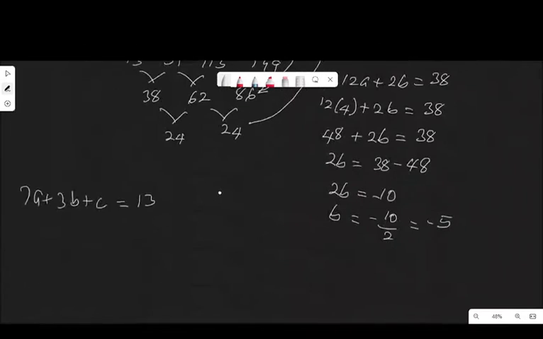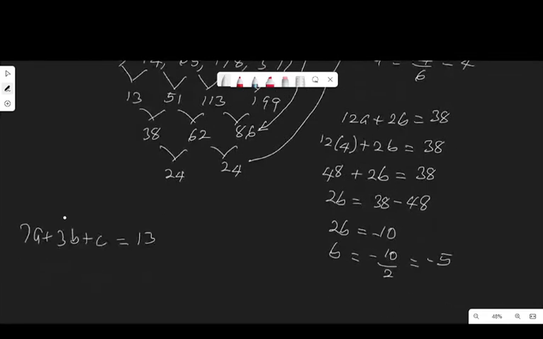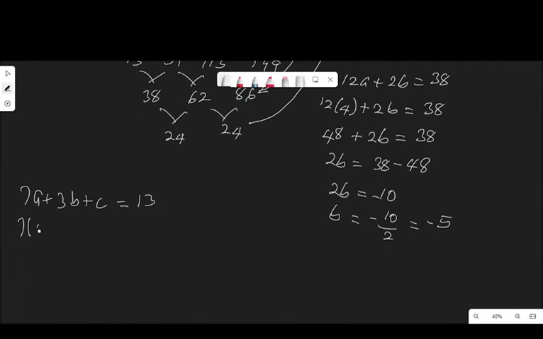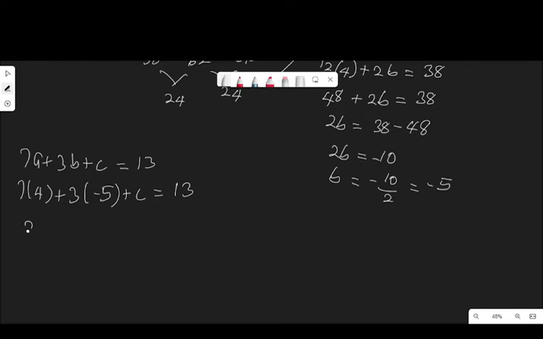And a is 4, so 7 times 4 plus 3 times minus 5 plus c equal to 13. 7 times 4 is 28. 3 times minus 5 is minus 15, plus c equal to 13. 28 minus 15 is 13. 13 plus c equal to 13.